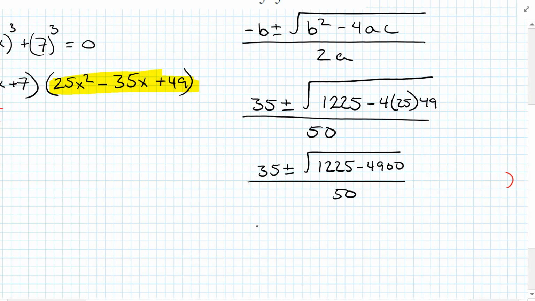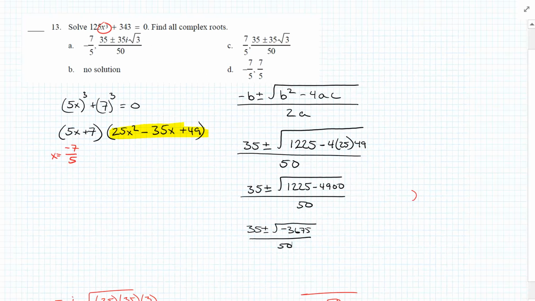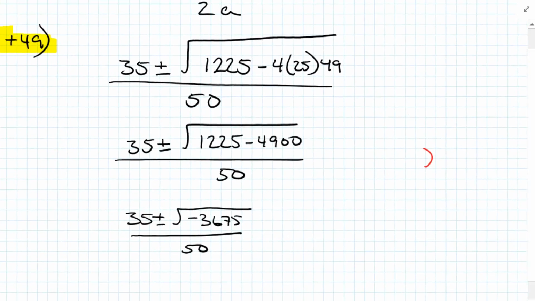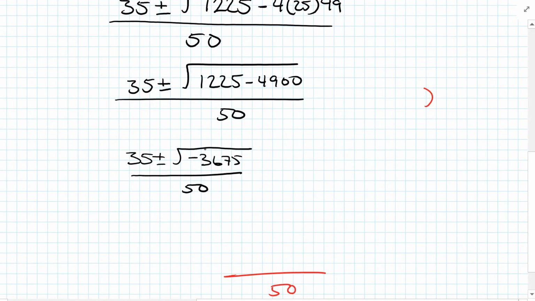So 35 plus or minus the square root of negative 3675 all over 50. Okay, so right now we can look and just tell our answer is going to have to be A, because we've already found one of our roots. But let's say we don't see that. Okay, we've got a prime factor, the square root of 3675. So let's work on that.